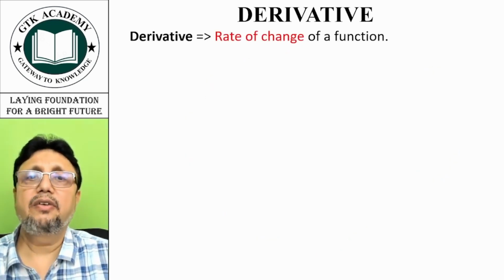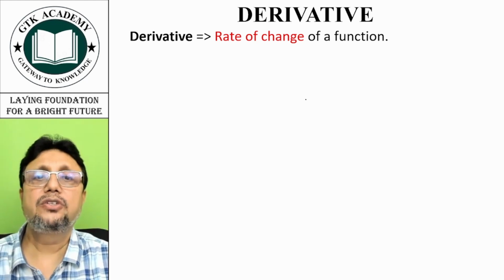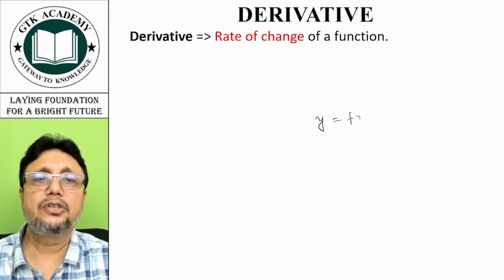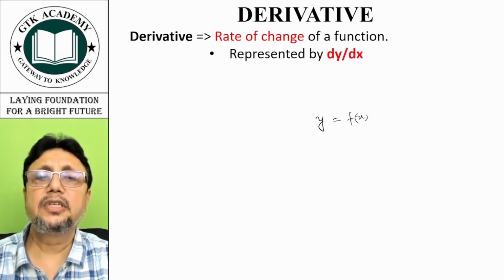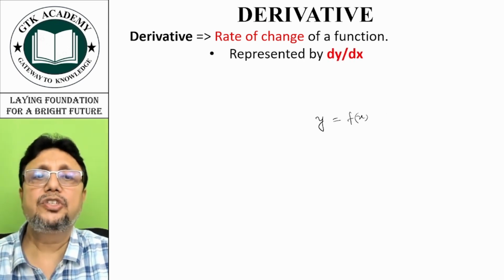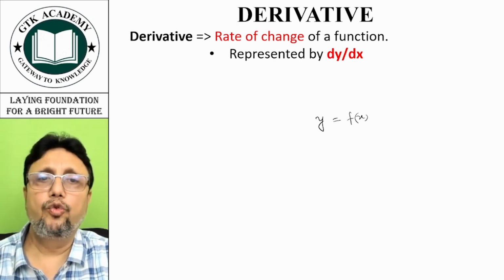What is derivative? Derivative is rate of change of a function. Suppose y is equal to f(x) is a function. Derivative is represented by dy by dx, means change in y with respect to change in x.